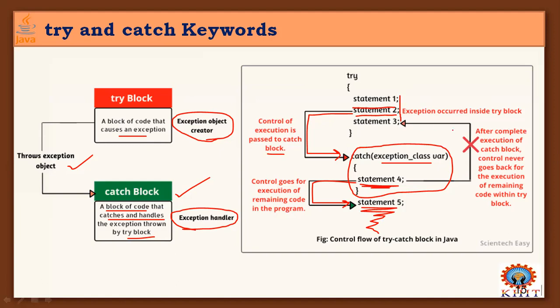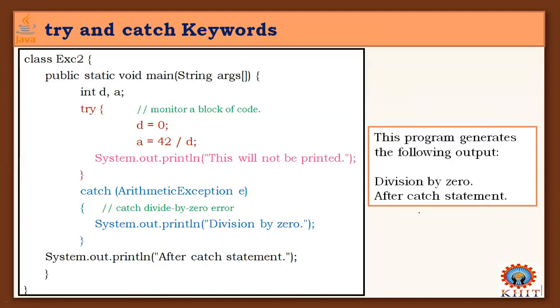This is the point to be remembered. After complete execution of the catch block, control never goes back for the execution of the remaining code within the try block. Right? Got it? Next one.